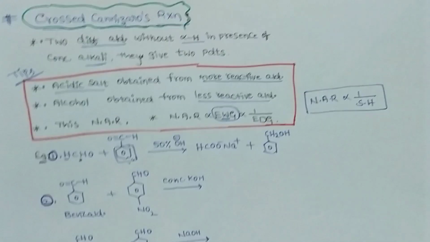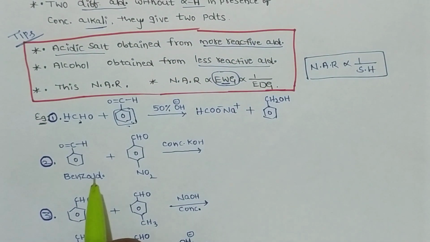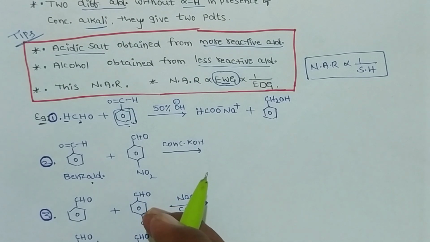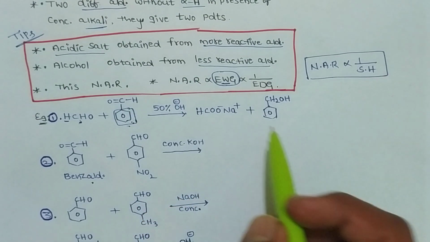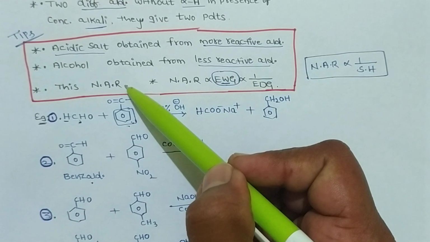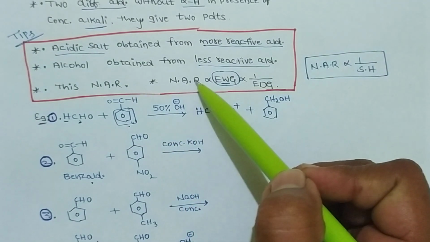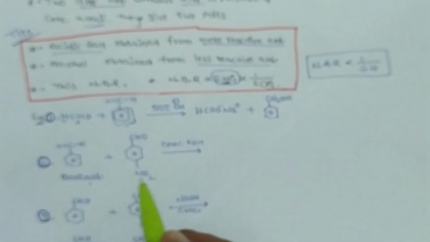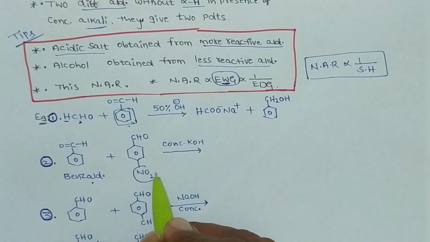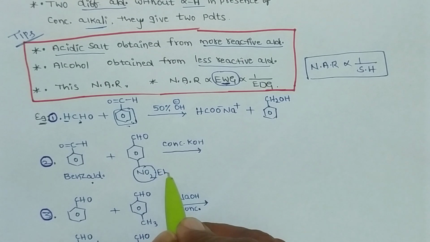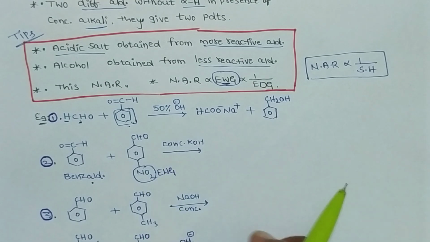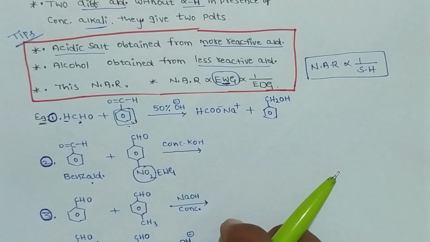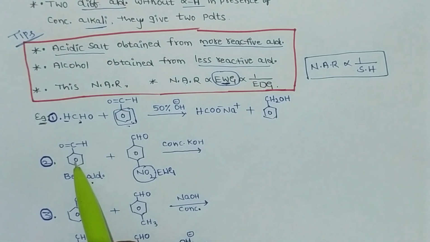This one is undergoing oxidation, this one is undergoing reduction. Next, benzaldehyde with para-nitrobenzaldehyde, which is more reactive. This Cannizzaro reaction is a nucleophilic addition reaction, and nucleophilic addition reactions are favored by electron withdrawing groups. Here an electron withdrawing group is present, acting through a minus M effect, whereas here no withdrawing group is present.